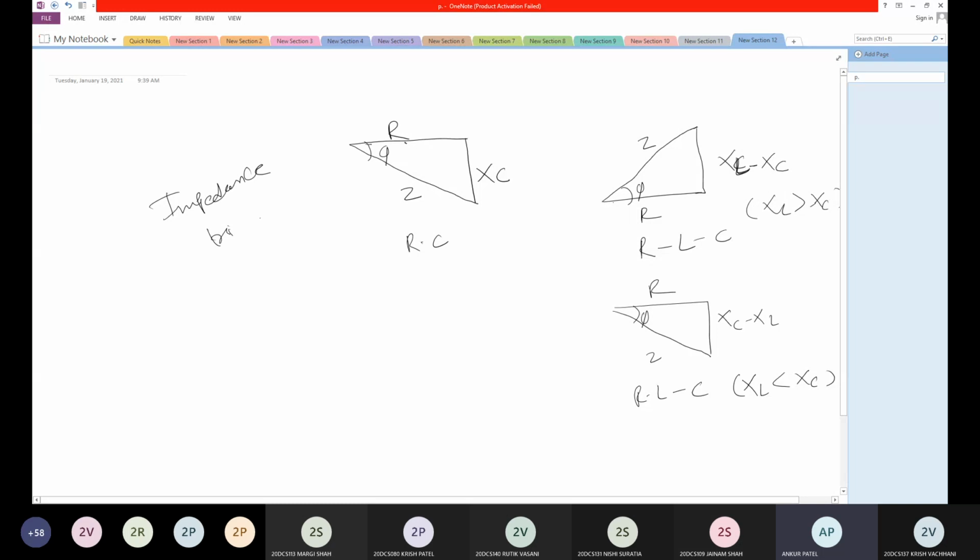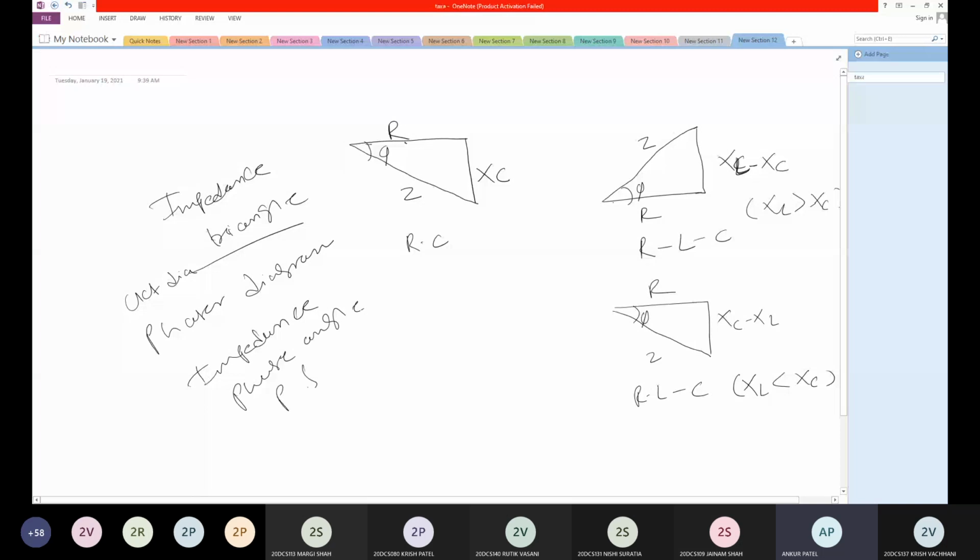So when you are asked about any series circuit, you need to write all the things. You need to draw the circuit diagram first, then the phasor diagram, then do the calculation: find the impedance, find the phase angle, power factor.